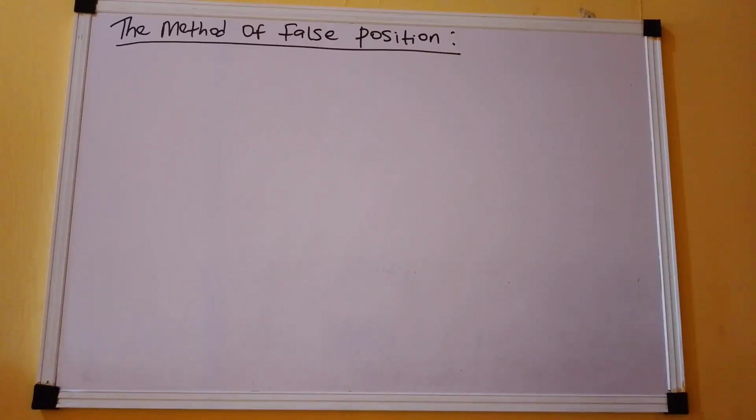The method of false position is one of the oldest methods, if not the oldest method, for finding the real root of an algebraic equation.